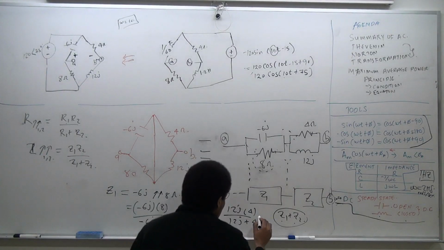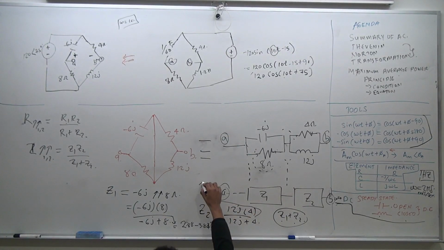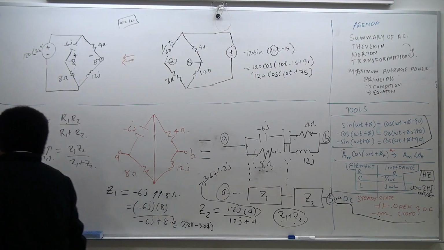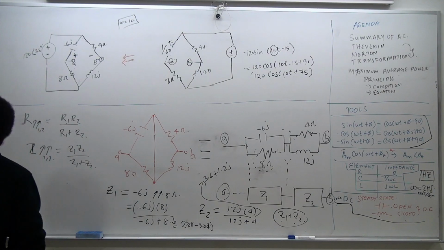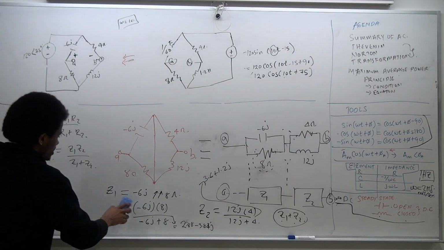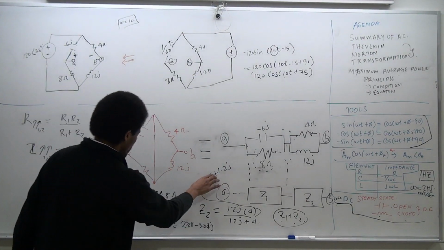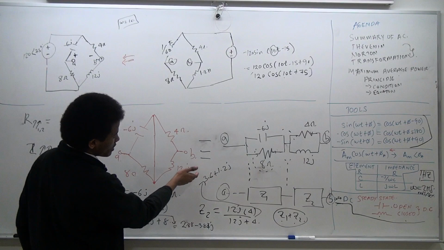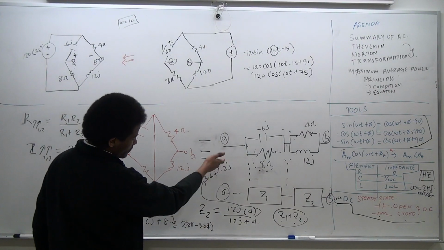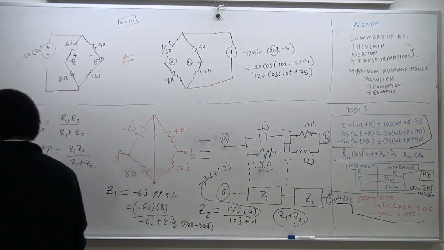And this guy, let me just take this aside, Z2 is going to equal, I believe, 3.6 plus 1.2j. That's right? Okay. So after this step, we found what Z1 and Z2 are as numbers. So as we add complex numbers, we add the individual components. So you add the 2.88 and 3.6, and negative 3.84j and the 1.2j.